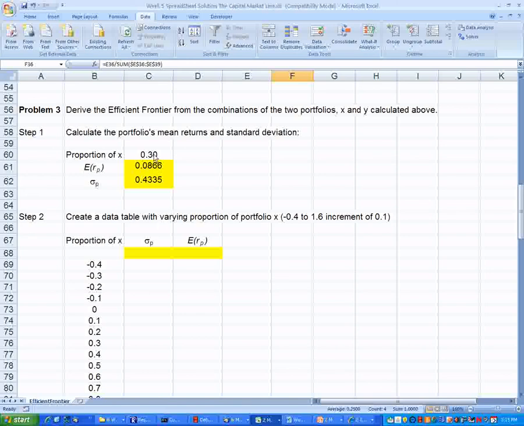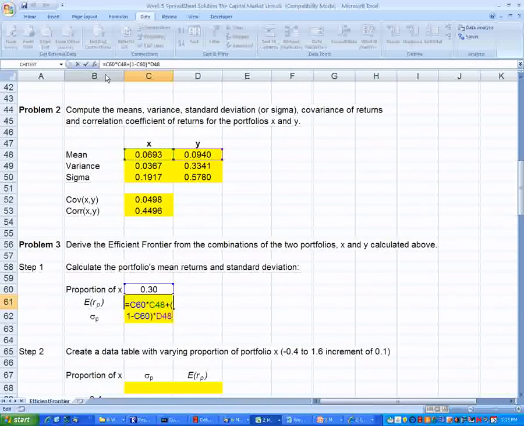The first thing we need to do is use a two-asset portfolio approach to combine those two portfolios X and Y. If we do that, we can see that all we're doing is multiplying the return of X by its weight and the return of Y by its weight to calculate the return of the two-asset portfolio.